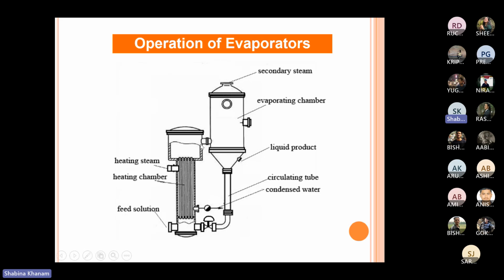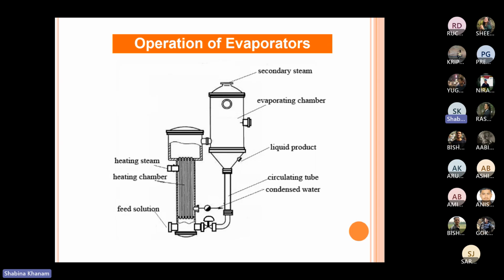It exits from here and enters tangentially to this separator, and the purpose of that is, when it enters tangentially, the liquid, which is heavier than the vapor, circulates along the inner periphery.